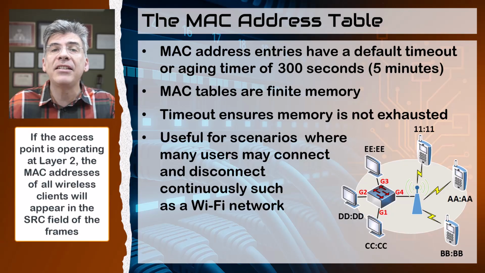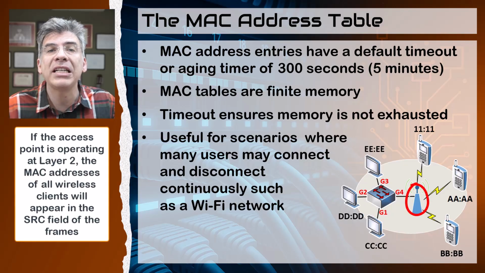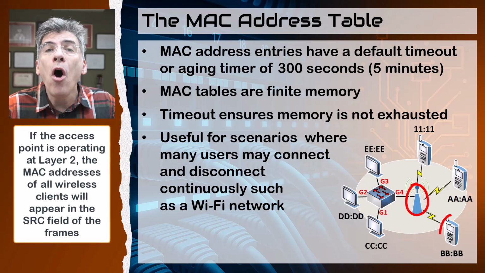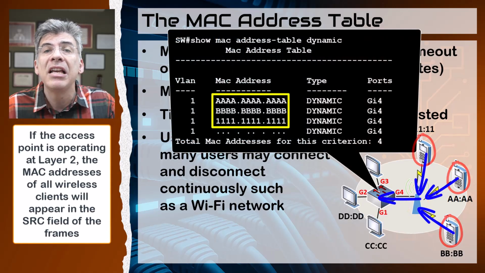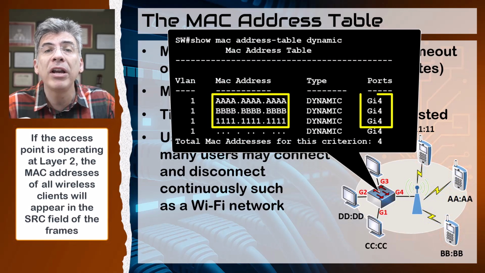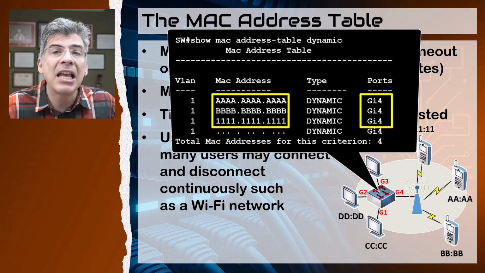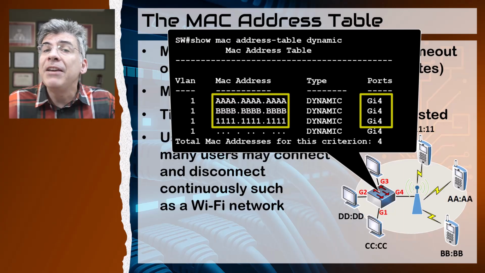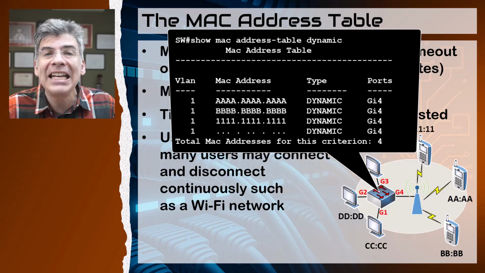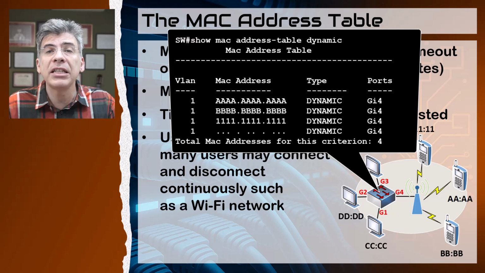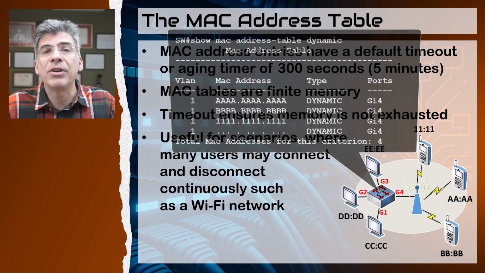In such a case, assuming this access point is operating at layer 2, all the devices that connect to it will have their MAC addresses assigned to the Gigabit Ethernet 4 interface in the MAC address table of this switch here. If you have hundreds or even thousands of people connecting and disconnecting on this wireless network throughout the day, it will result in a very large MAC address table.